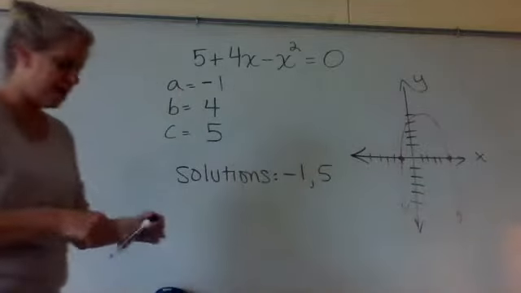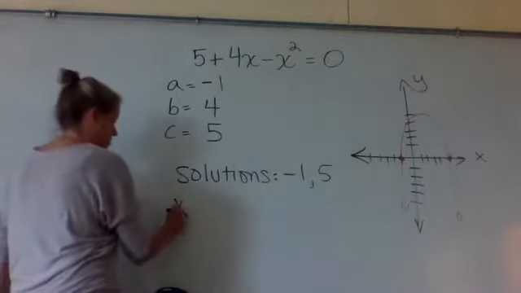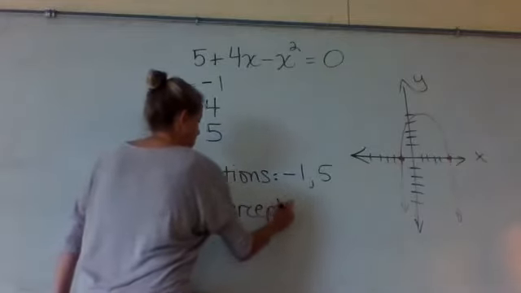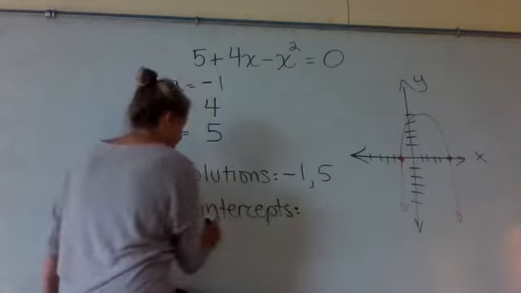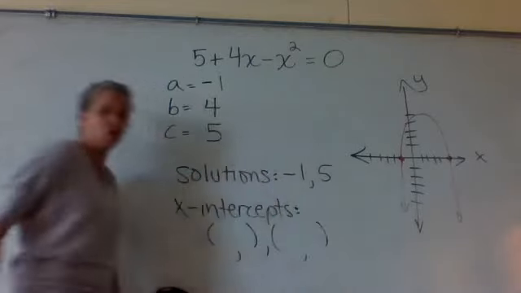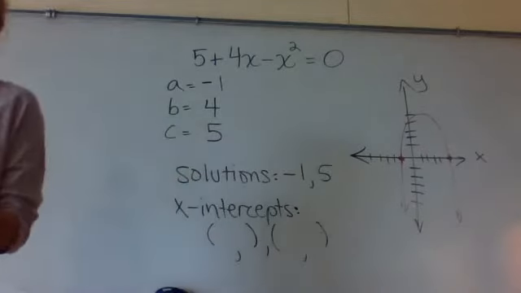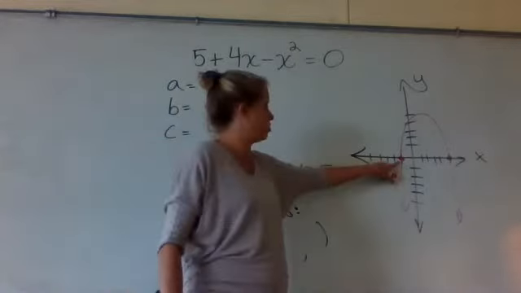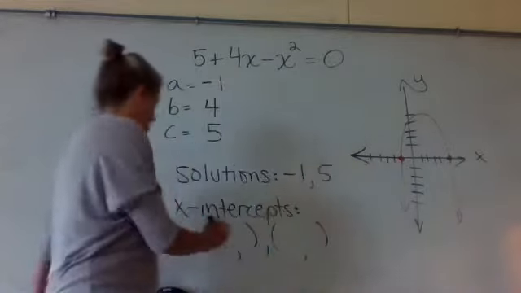But if you're naming the x-intercepts, that's when you are naming specific points. So that's when you're going to have the ordered pairs. So this first x-intercept, it doesn't matter which order you list them in, would be at -1, 0.